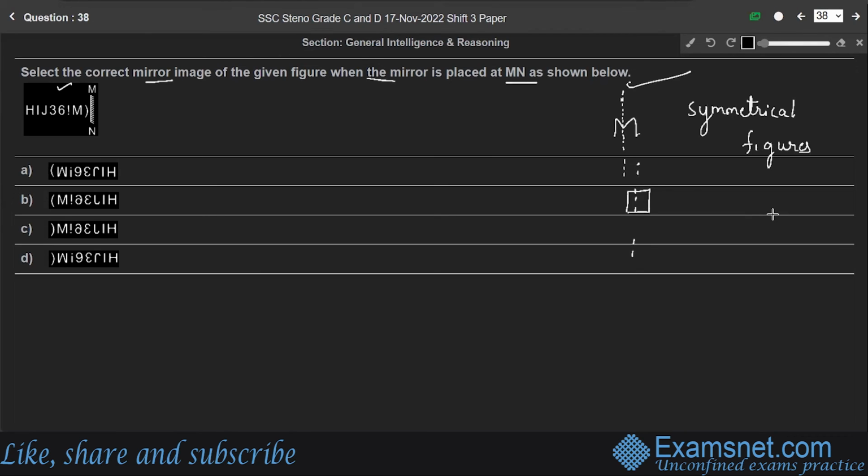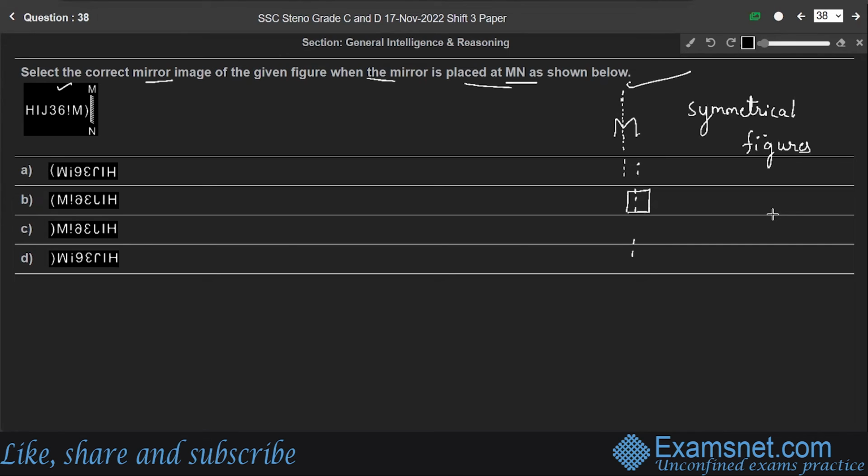When a mirror is placed in front of a symmetrical figure, you will get an identical image. Therefore, when a mirror is placed at MN in front of the given figure, you will get exactly the same image of the given figure.